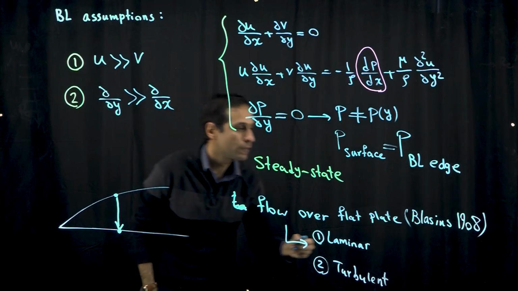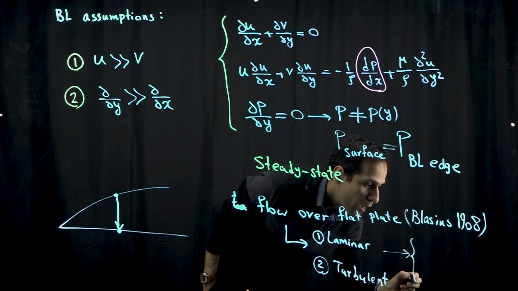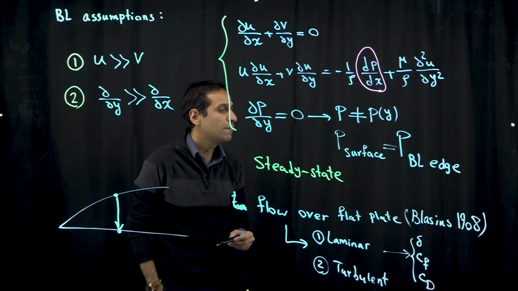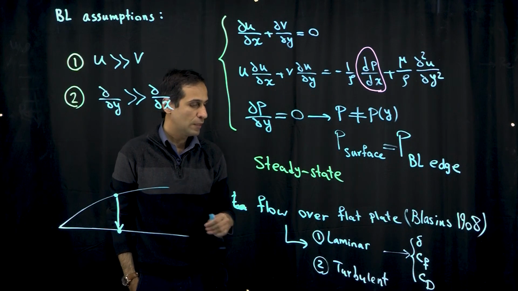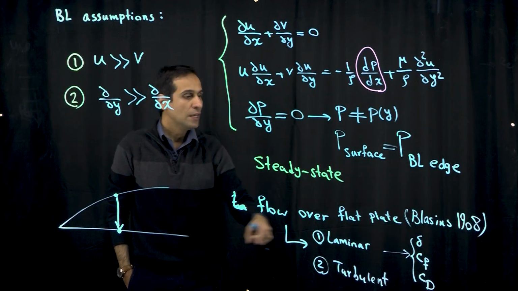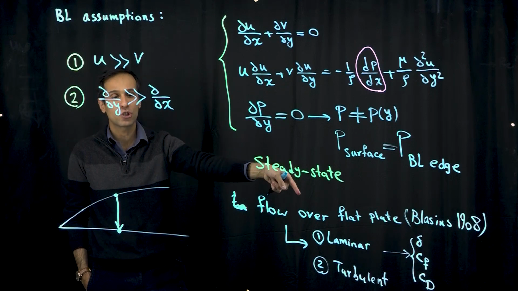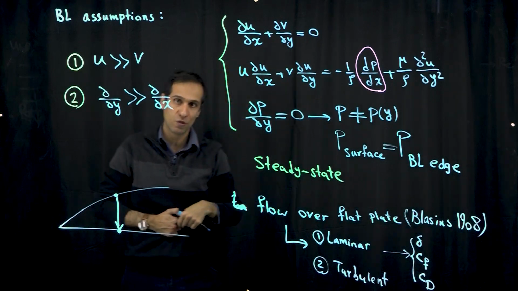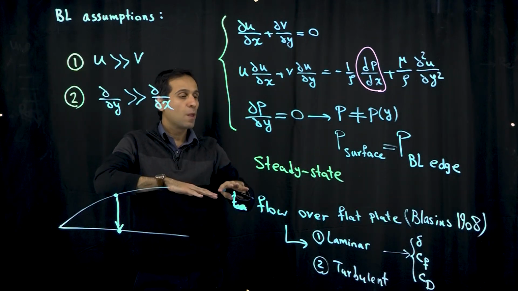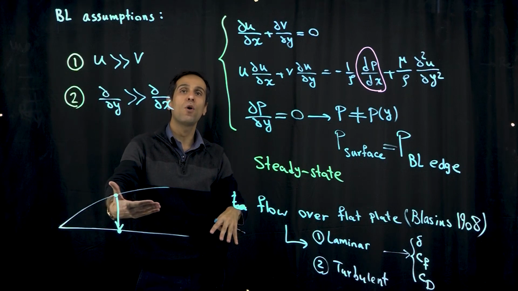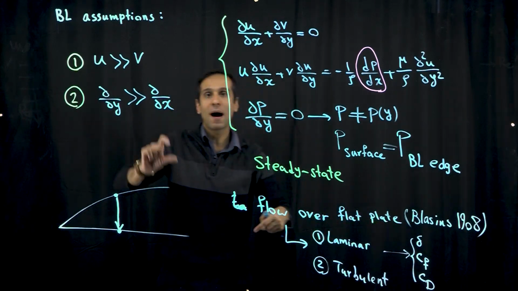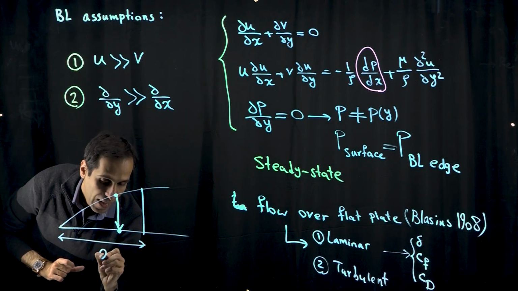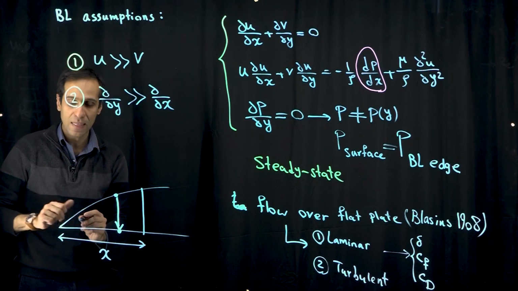And for each of them I will derive delta, CF, and CD. So we have 6 equations, 3 for each of these cases. These relationships are derived after solving this big set of equations. And after solving that, I can estimate, when there is a flow over a flat plate, where the boundary layer edge is at each given x, at each given distance from the leading edge.